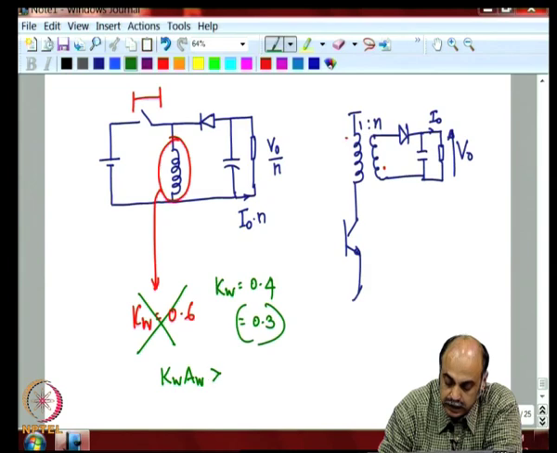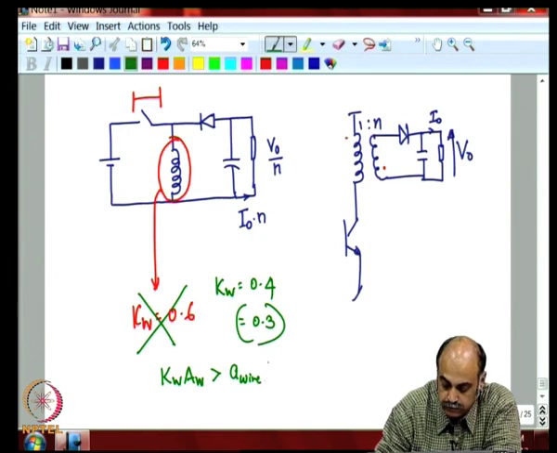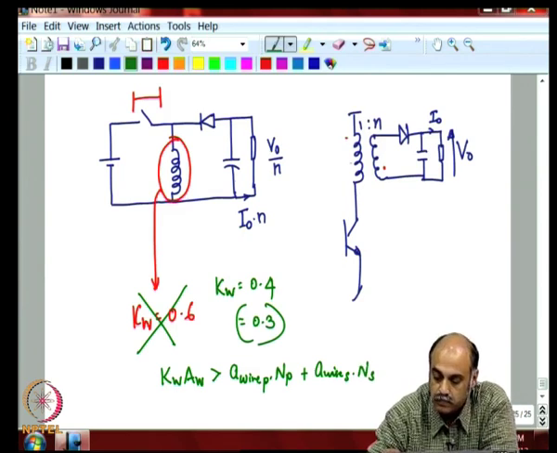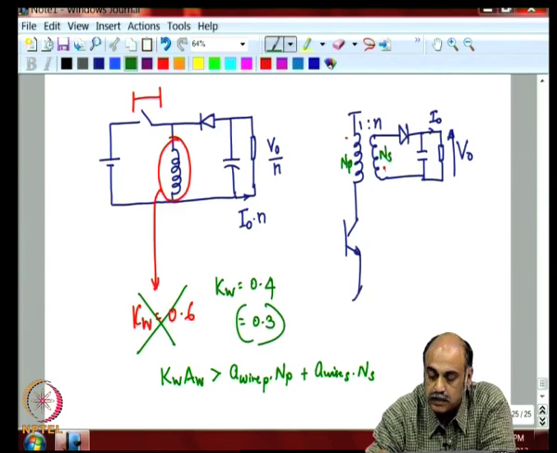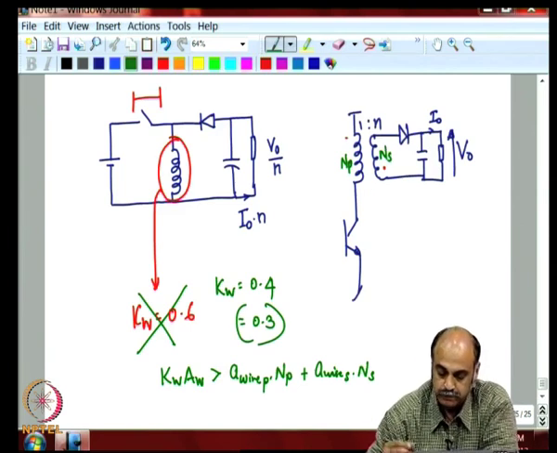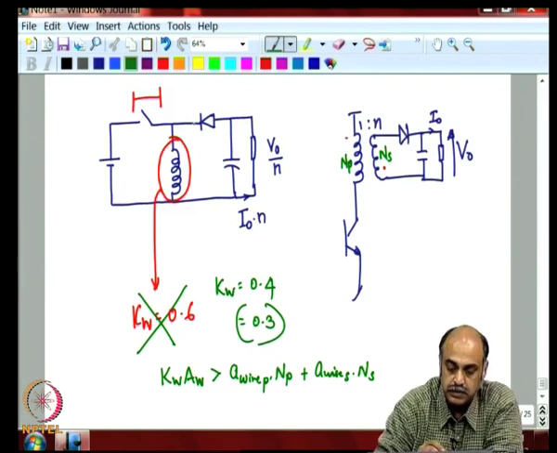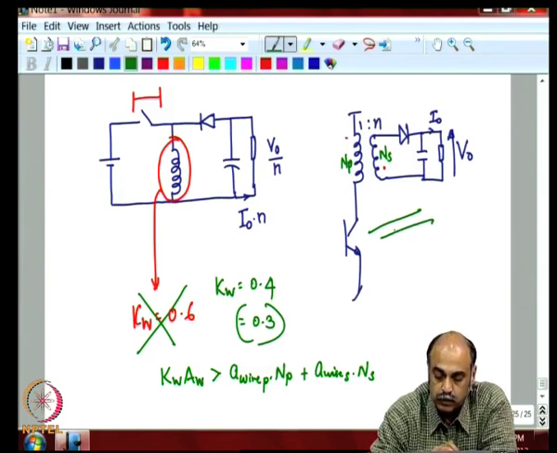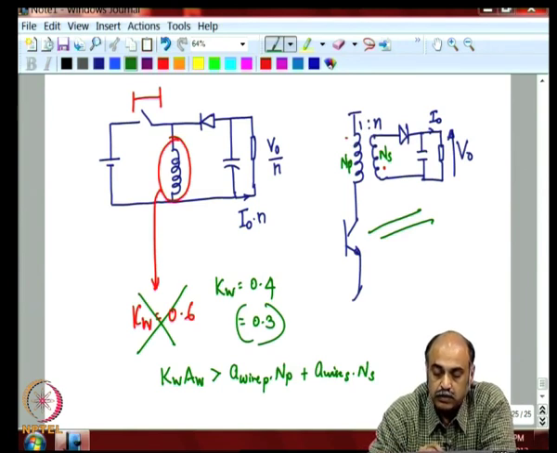Kw should be greater than not just only the primary winding, the wire area of the primary into Np, plus the wire area of the secondary into Ns. If this is Np and this is Ns, that would come into the picture there. So, once that is done and the connections are made according to this, you will get exactly the output that you would have decided, because the 1:n ratio will come and figure in automatically, and you will get V naught here and I naught.